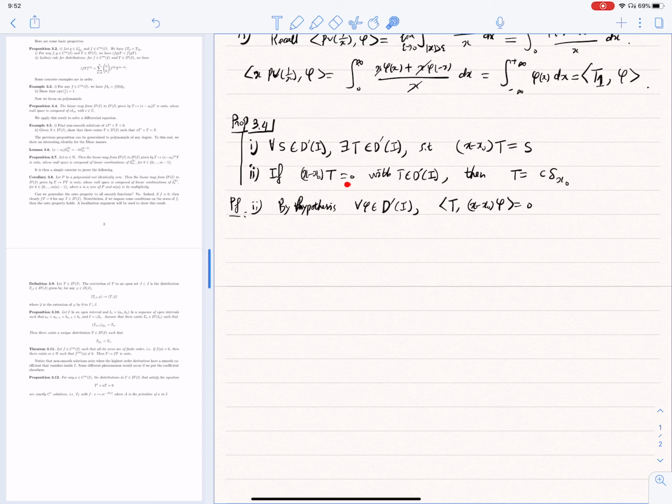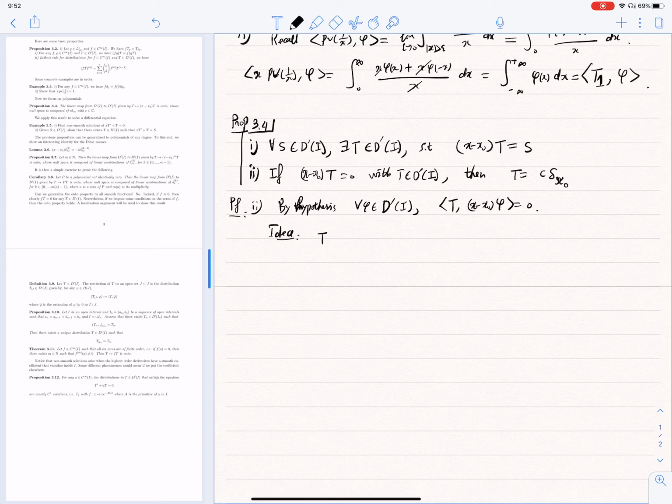Okay, this is the same thing as this equation in here. And our idea, in order to argue that T has to be a multiple of a Dirac mass on point x naught, is that we're going to make a decomposition, right?